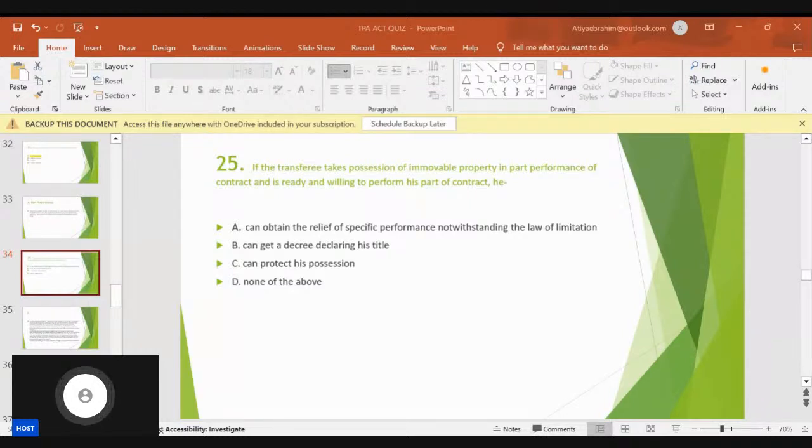A: He can obtain the relief of specific performance, notwithstanding the law of limitation. B: He can get a decree declaring the title. C: He can protect his position. D: None of these. Priyanka says A. What about others?